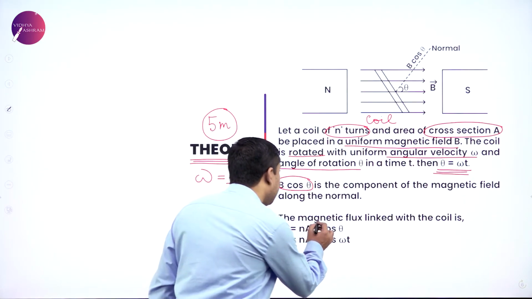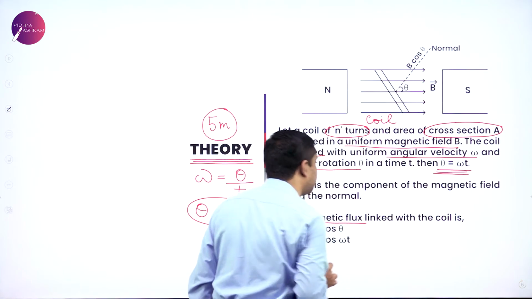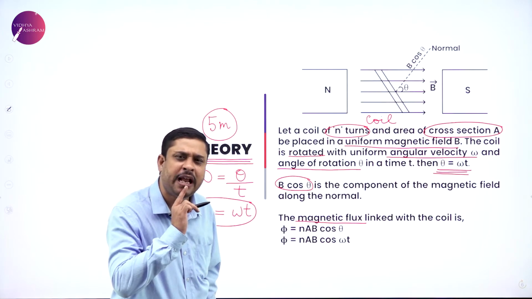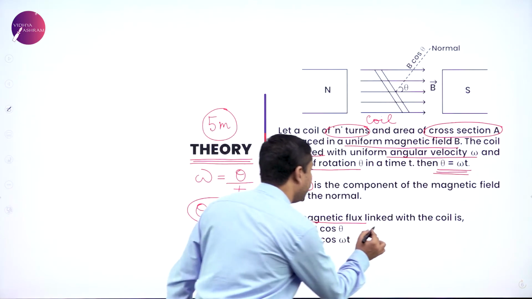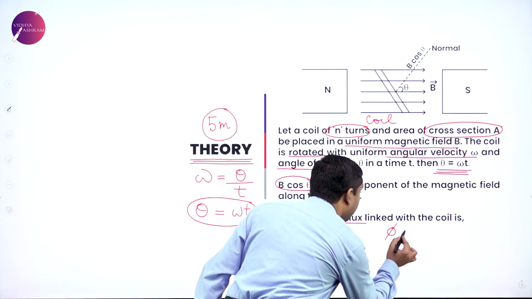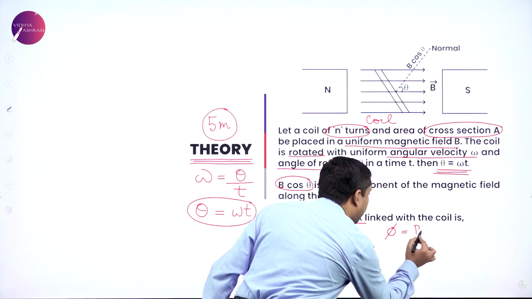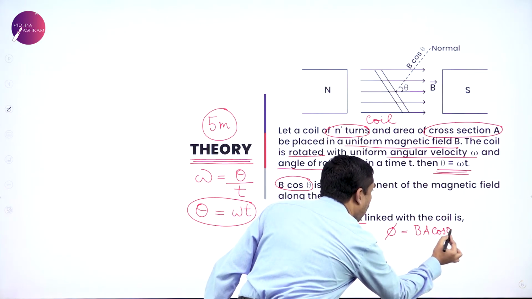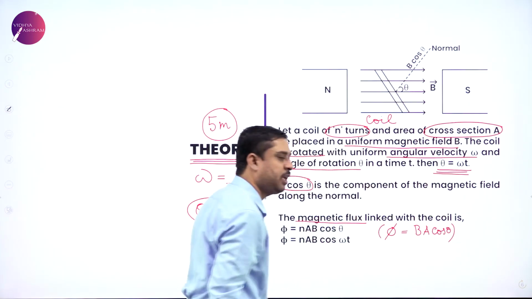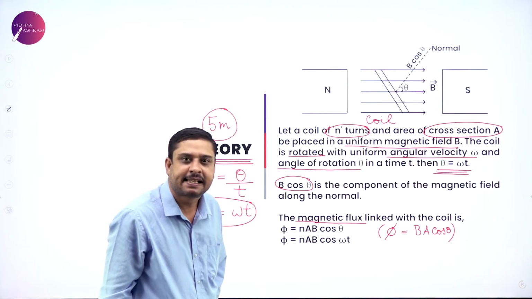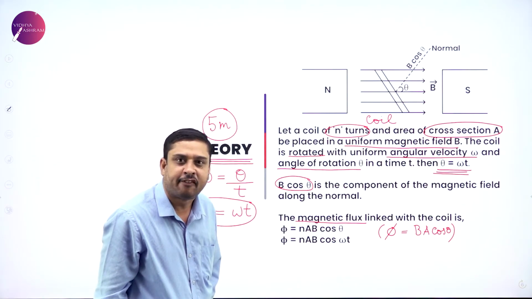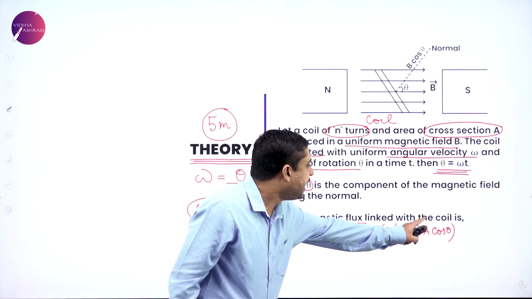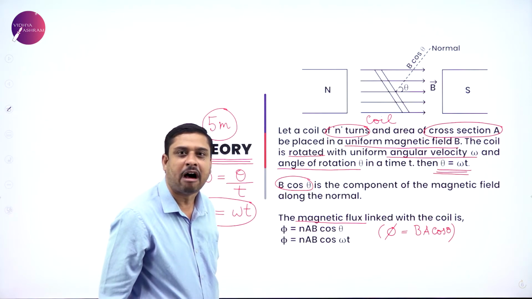Now, the magnetic flux that is linked with the coil, how will I write that? Very simple. Phi equals BA cos theta. If you remember my discussion on magnetic flux, phi equals BA cos theta.